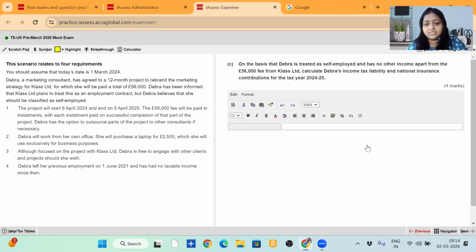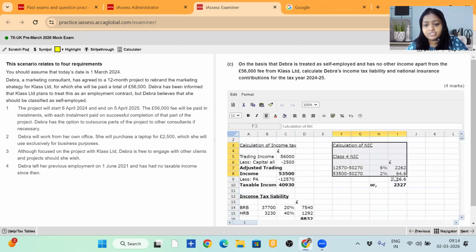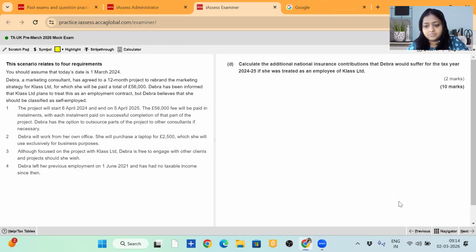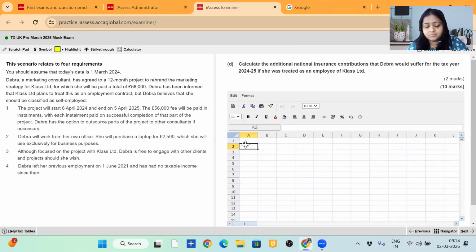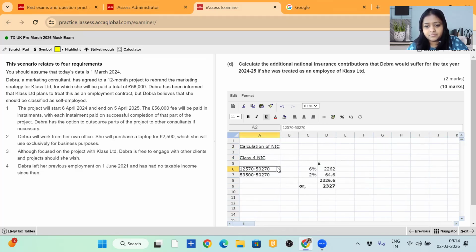So I'll do one thing. I'll just copy paste the formula, so that whatever changes I would be needing, I can do it. Let me see if that can be done. Okay, so let's do it here. So here I'll just take the earnings.